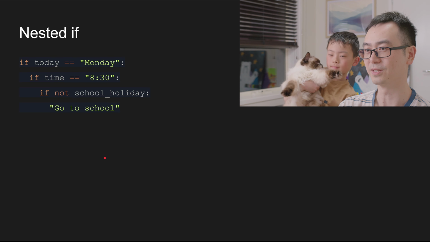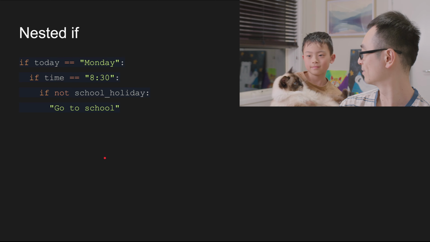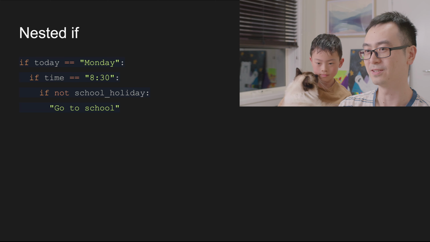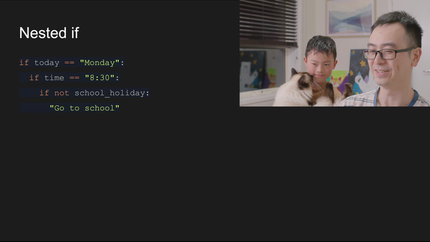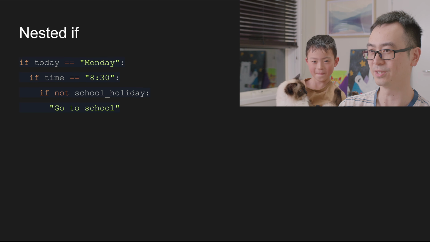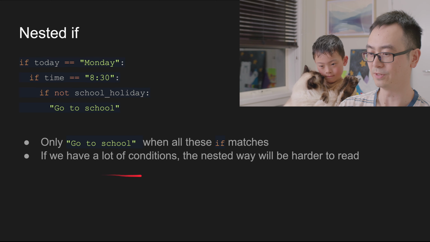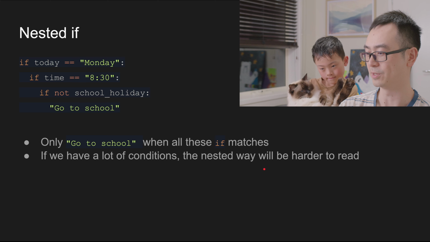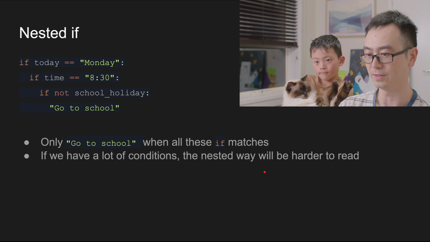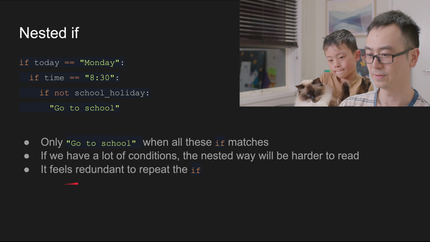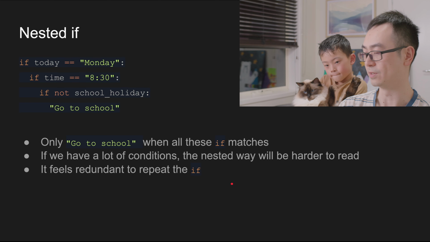It's not something a pro would do, but this works. If you don't know how to write it in a better way, this works. Like I said, if we have a lot of conditions, then this will be harder to read. It's redundant to repeat the if, right?